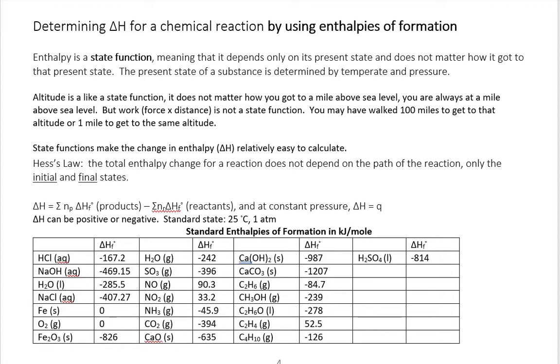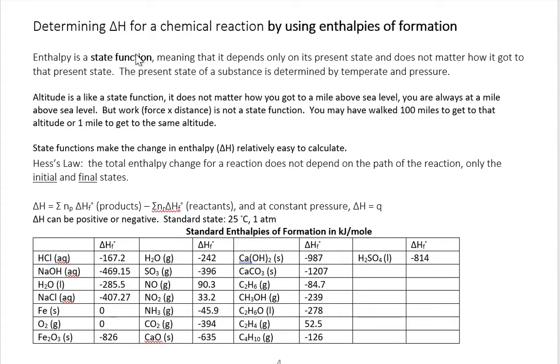Okay, and this is where we ran into some trouble last time when we did this, so let's walk through this as well. So the change in enthalpy, we can calculate it because enthalpy is a state function. In other words, it doesn't matter which reaction took place to form a product, you always require the same amount of energy to form that product regardless of the path you took.